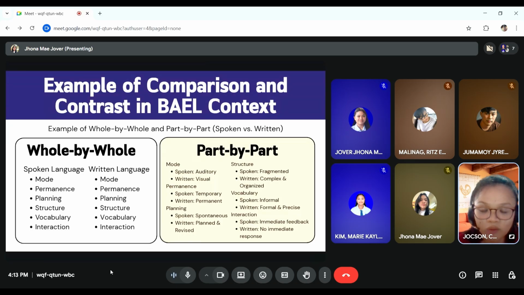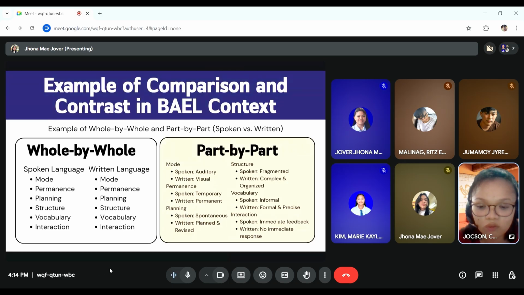So for our whole by whole, as my previous reporters, Miss Hover and Miss Kim, have explained earlier, we have here the spoken language and then the written language, both written on top, and then underneath them are the criteria on how they're going to be compared and contrasted. So that's just one way to show the differences as well as the similarities of both topics.